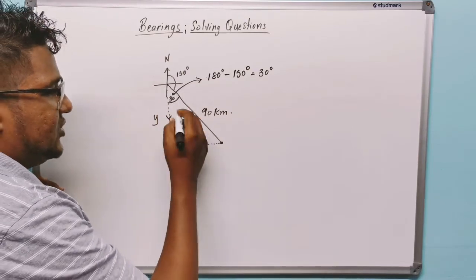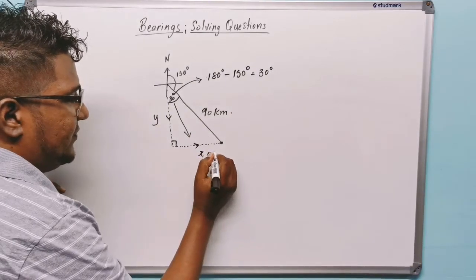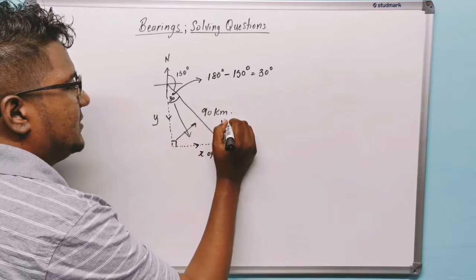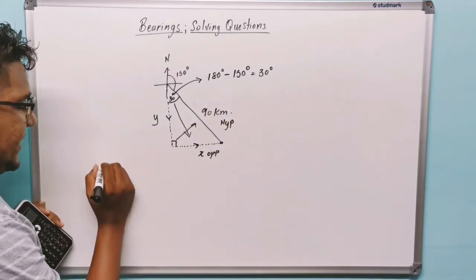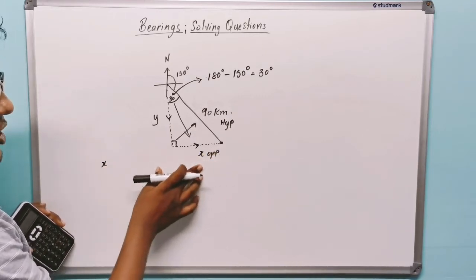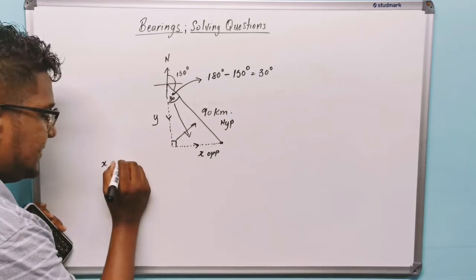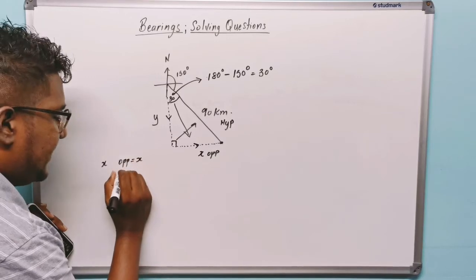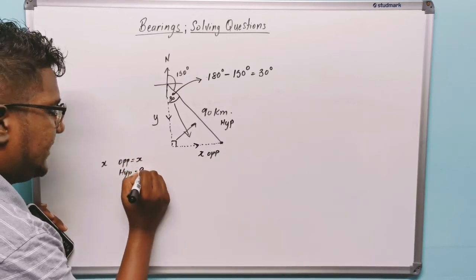So if I'm standing at 30, this becomes my opposite side, and this is the hypotenuse. So we're finding for x first. So with x, we have our opposite side and the hypotenuse. So opposite, and as x, the hypotenuse is 90 km.